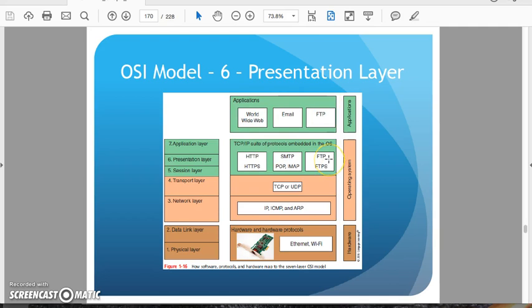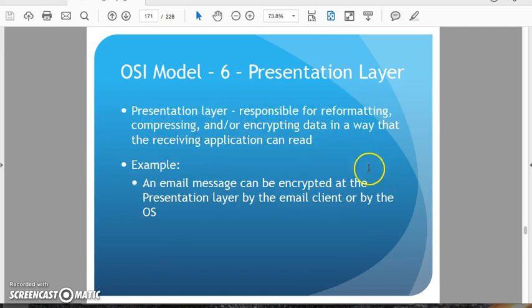Layer 6, presentation layer, we're now talking about, is responsible for formatting, compressing, or encrypting the data in such a way that the receiver can read it. Example, an email message can be encrypted at the presentation layer by the email client or by the operating system, and as long as I encrypt it in, let's just say, the Doug Brown encryption method, when I send it across the network, as long as the receiver uses the Doug Brown decryption method, they'll be able to read that email.